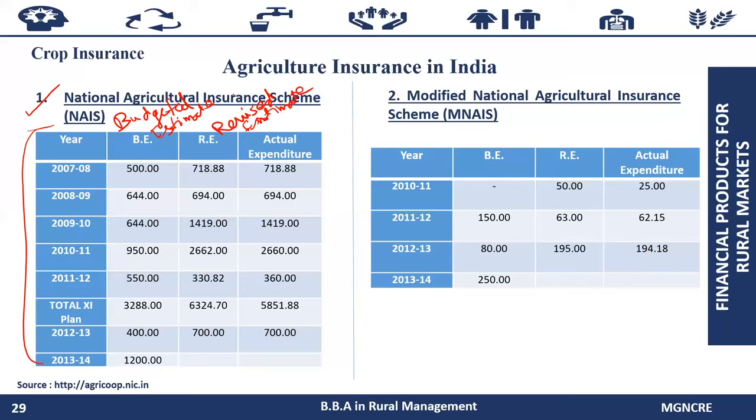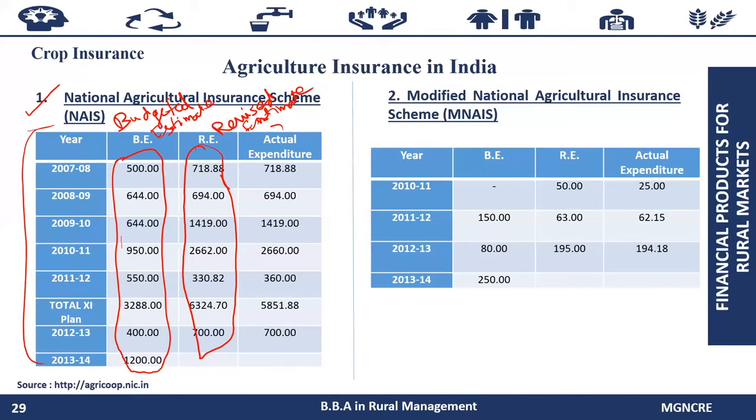This budgeted estimate and revised estimate is there in each and every scheme. Firstly, the budget is made, and the estimated amount is set, that this expenditure will be made in this scheme. But throughout the time, the revision takes place, and the amount of expenditure increases. Considering both, the actual expenditure is calculated after the expenditure is made in the scheme.